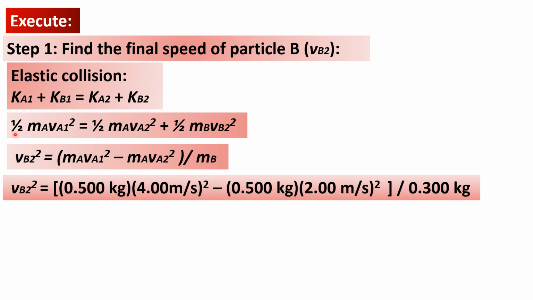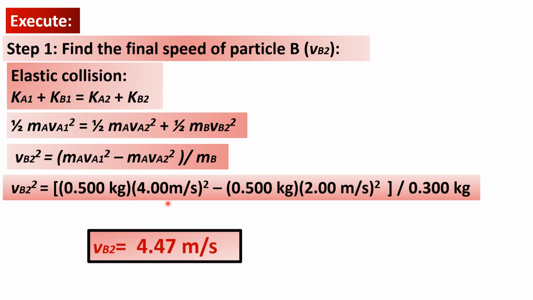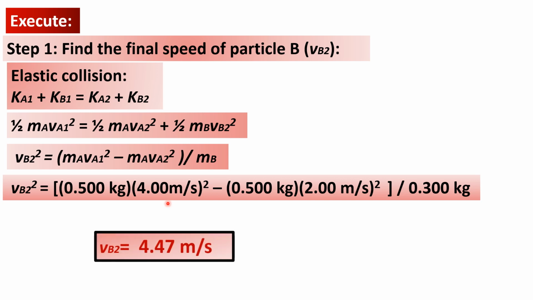The mass of particle A, which is 0.500 kilogram, its speed before the collision, 4.00 meters per second, that is to be squared. Then minus the mass of particle A times its velocity after the collision, 2.00 meters per second, squared. Then divide the whole thing by the mass of particle B, which is 0.300 kilogram. Then we proceed.